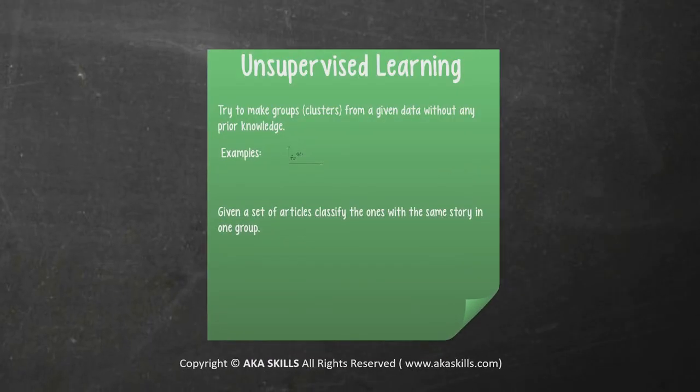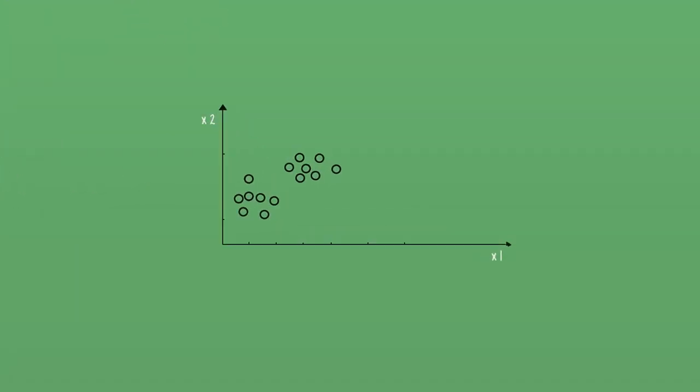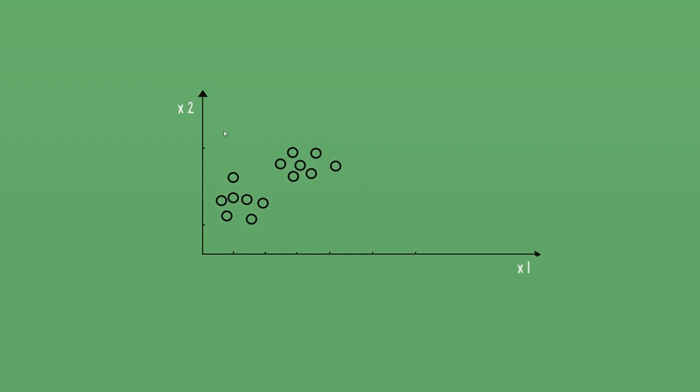Unsupervised learning. Unsupervised learning is trying to make groups or clusters, and remember this terminology, clusters, from given data without any prior knowledge. So what does that mean? Let's go back to our example of tumor sizes and age. For example, this is tumor size and this is age. We give the algorithm the tumor size and the age, but we don't give it the answer: is it malignant or not?